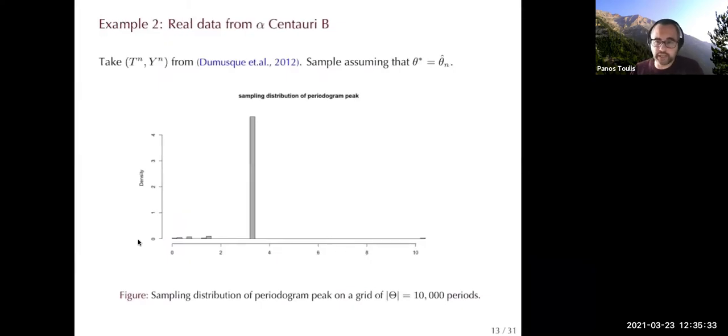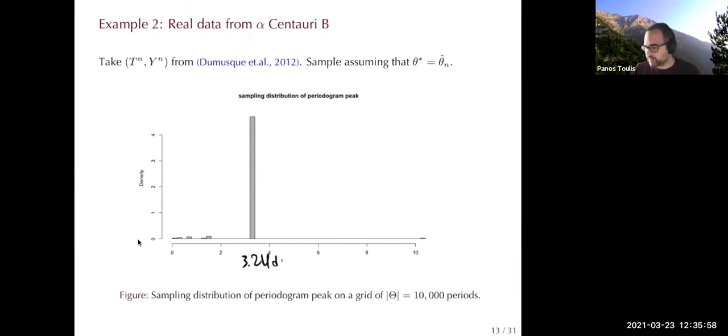Here is an example from real data, from a paper in 2012 about a potential discovery in Alpha Centauri B. In order to simulate the sampling distribution, I'm just taking the observed periodogram peak, what the authors claimed as the estimated period, which was 3.24 days. Then I simulated data based on that using the same observation times.